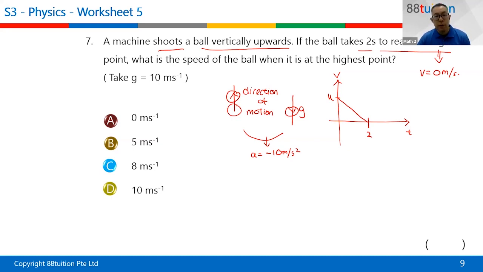The object, car, vehicle will pause for a short while. When you pause, your velocity is 0, then it falls downwards. Right? And in this case, your A will be minus 10 meters per second squared. So again, A equals V minus U over T, minus 10 equals 0 minus U over 2.